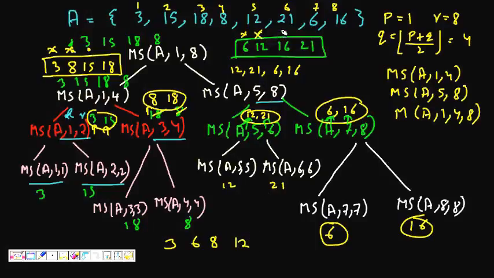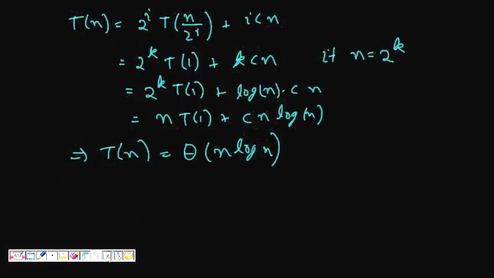Between 15 and 16, 15 is smaller. Between 18 and 16, 16 is smaller. Then 18 is smaller, since there was infinity here, and now 21 is copied. This way we have performed the merge sort operation.